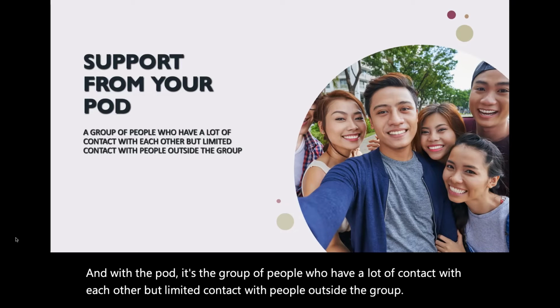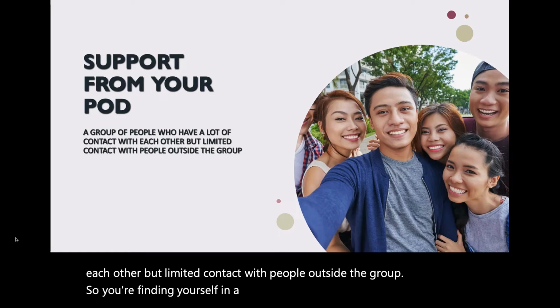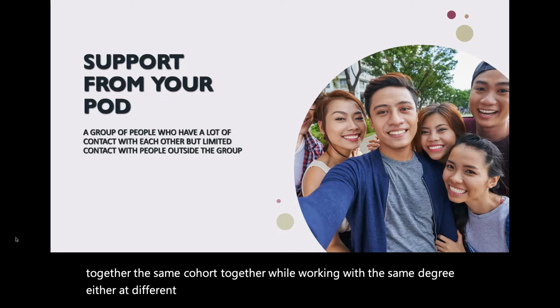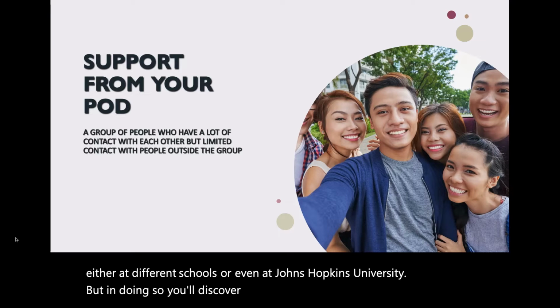So you're finding yourself in a group because you're in the same class together, the same cohort together, or working on the same degree, either at different schools or even at Johns Hopkins University. But in doing so, you'll discover that their opportunity to read your paper is actually supportive for you.